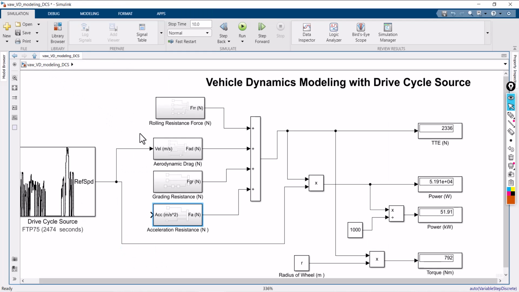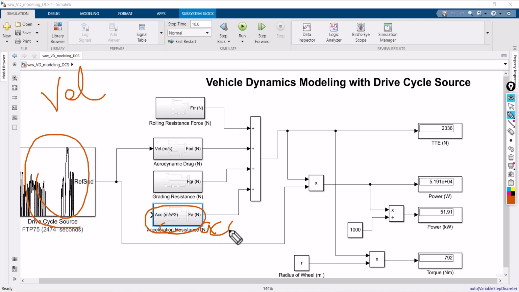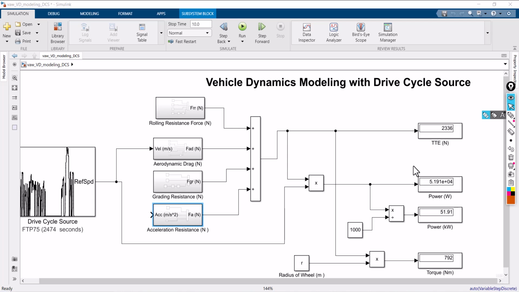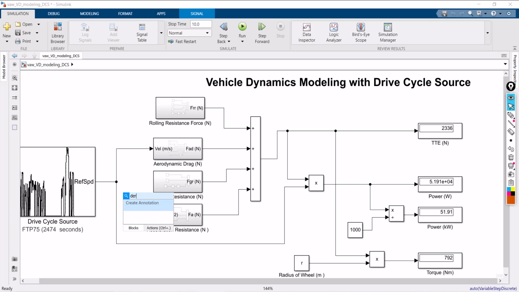But the problem is, whatever data I have is velocity, whereas what is required here is acceleration. How to convert velocity into acceleration? It's very simple. Take the derivative of velocity. The derivative of velocity will give you acceleration. We take a derivative term.